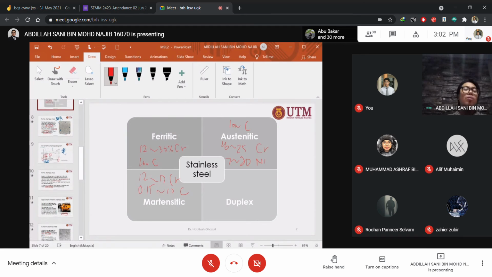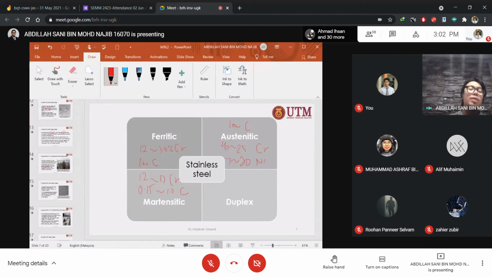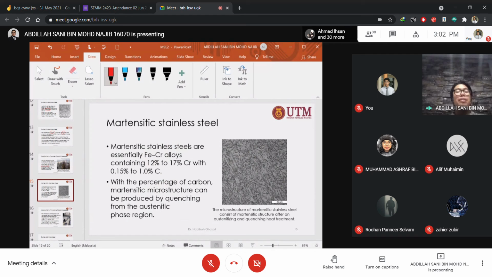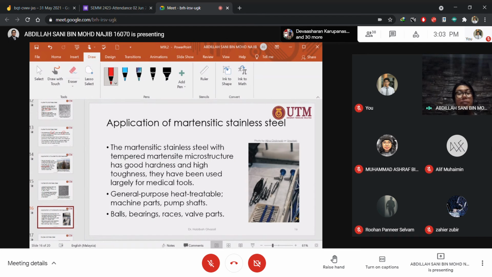So when the carbon is higher, we can do the heat treatment. That is where we get the martensite. With this percentage of carbon, martensitic microstructure can be produced by quenching from the austenite phase region. So we produce the martensite from heat treatment. So this is heat treatable. Martensitic stainless steel with tempered martensite microstructure has good hardness and high toughness.